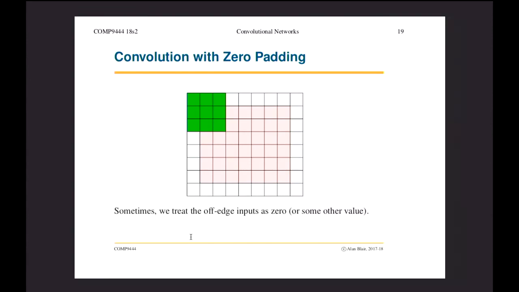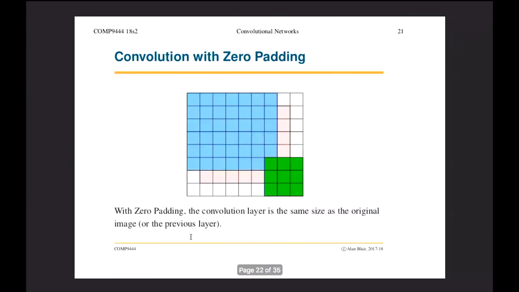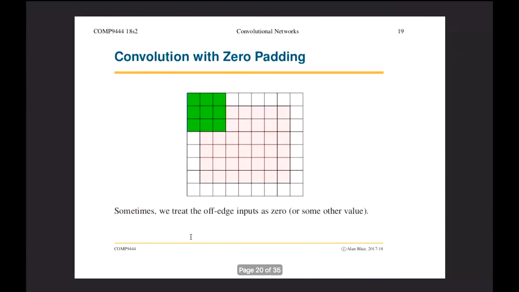Good. Okay, so a few more variants of this. So the example that we looked at before, the size of the array shrank as we moved from one layer to the next.